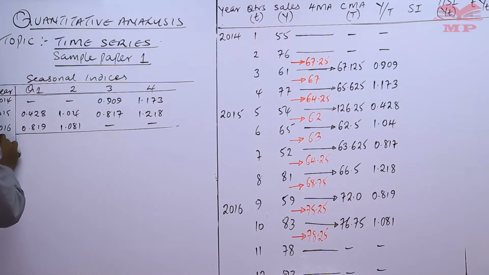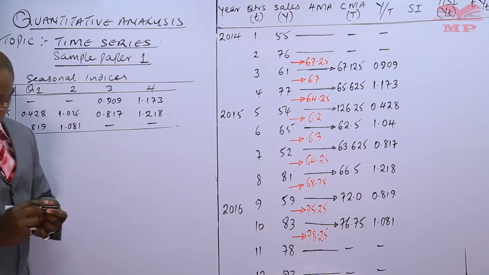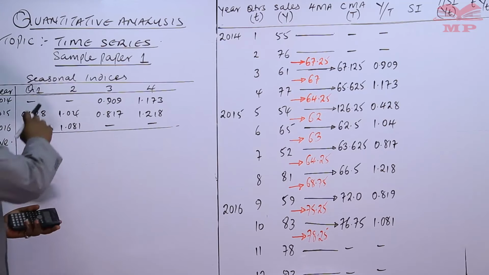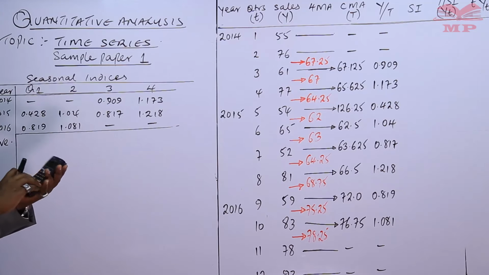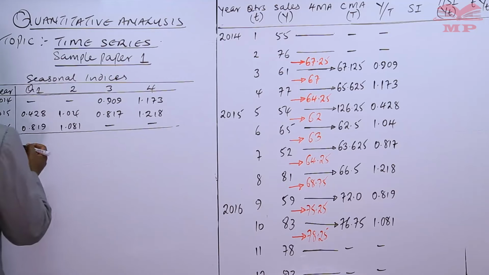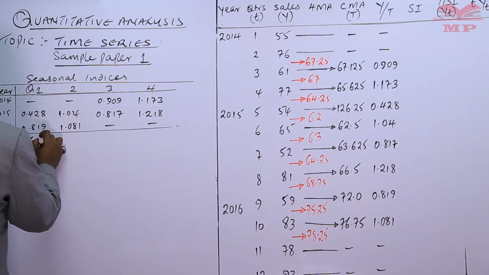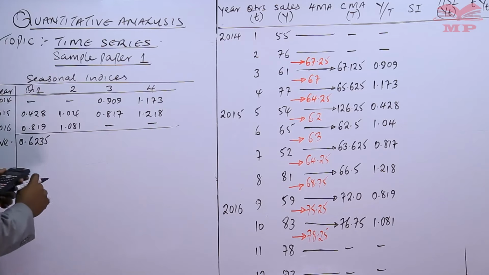So you can have here the average. The average means you add and you divide. If there are 2 representations, add and divide them. So 0.428 plus 0.819, then divide by 2, this is going to be 0.6235.